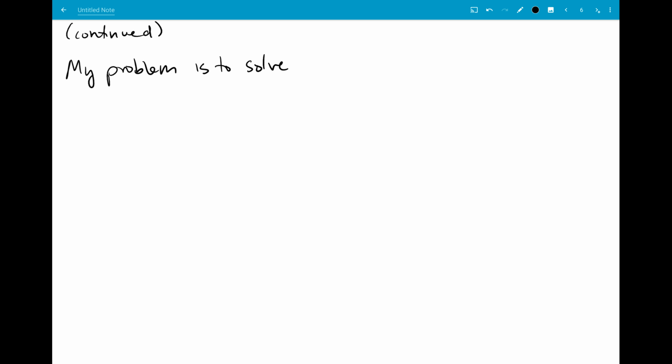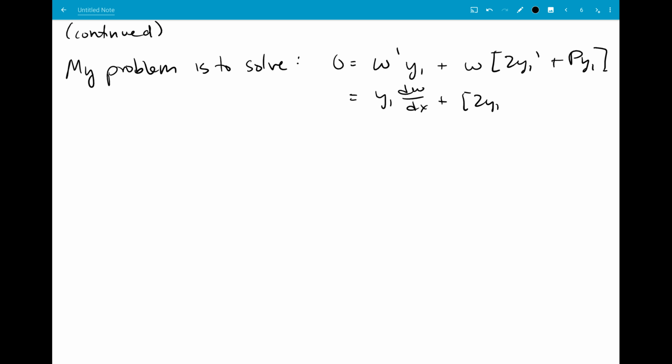So now my problem is to try and solve 0 equal to w prime y1 plus w times 2y1 prime plus p y1. Or it might be easier to think about it as y1 dw dx plus 2y1 prime plus p y1 times w.